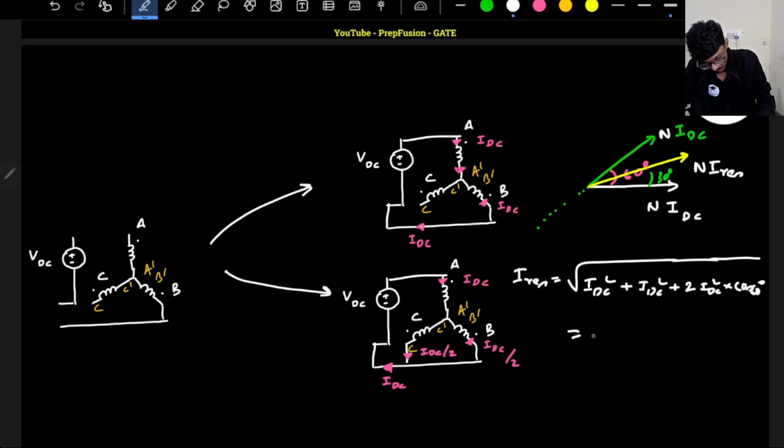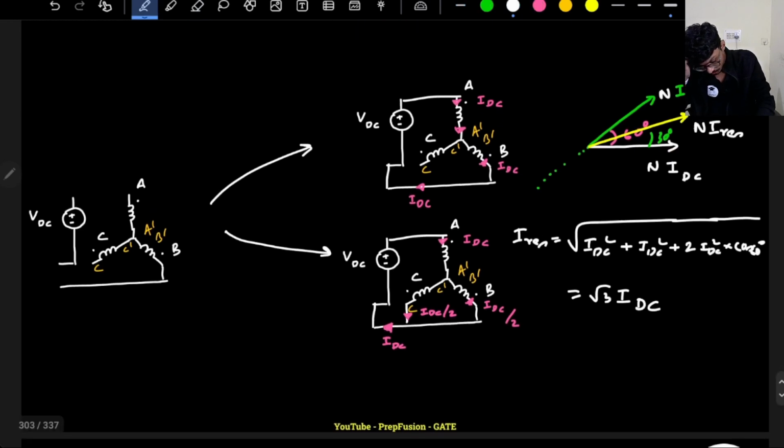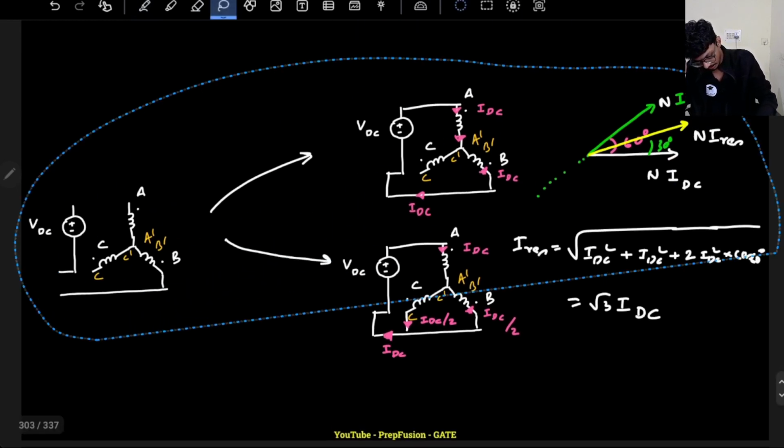So it will be simply root 3 into IDC. This will be my resultant current.